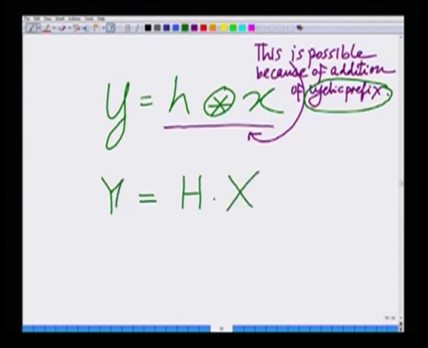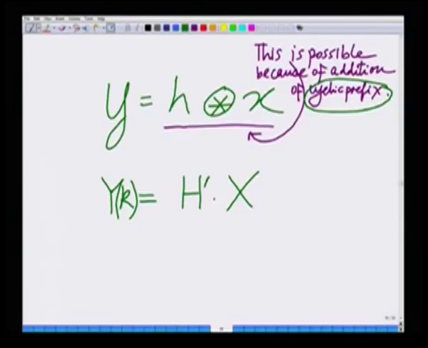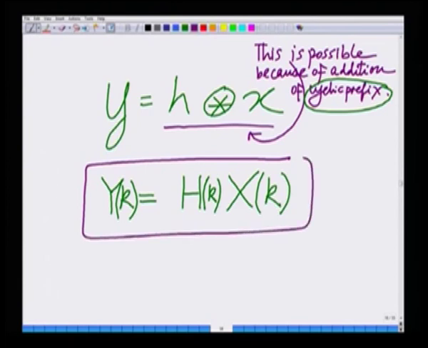What I mean is Yk, across the kth frequency in the DFT. So, if I take the DFT of y, that is nothing but Yk equals Hk times Xk. This is the main result that we want to show.